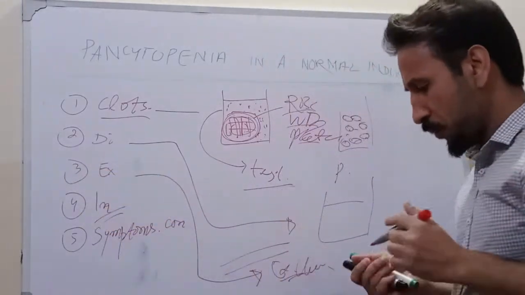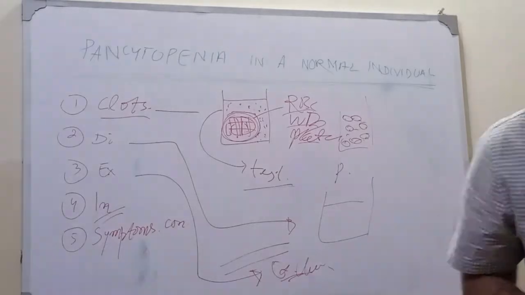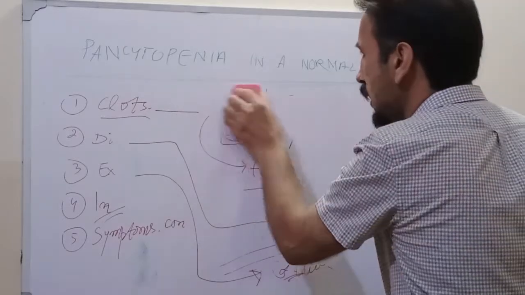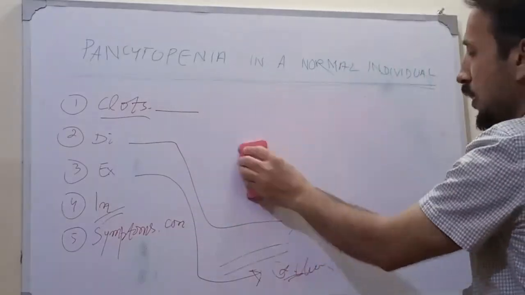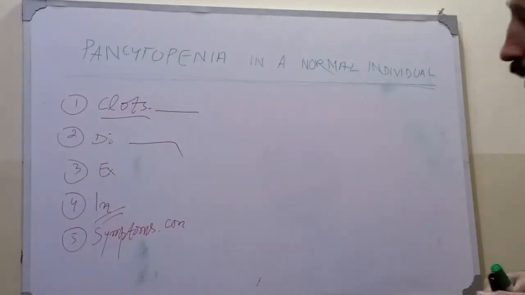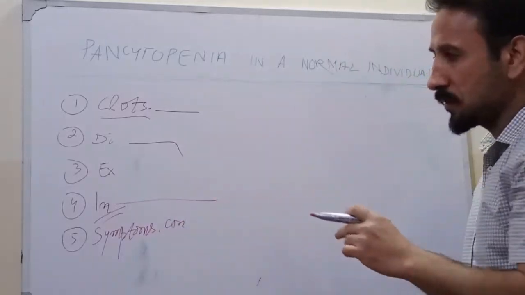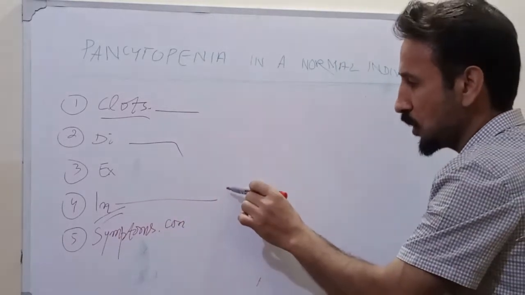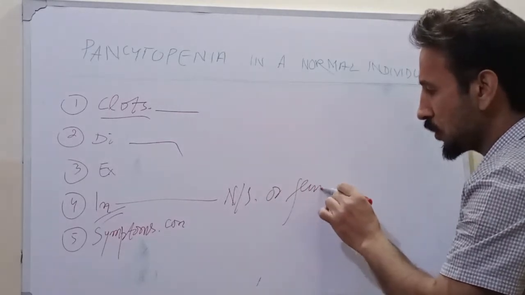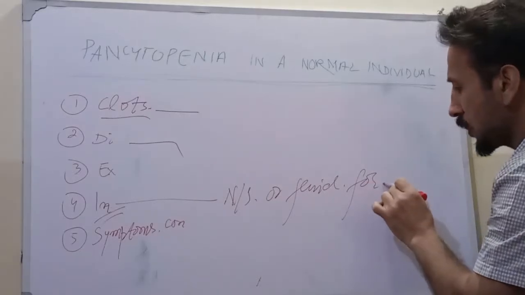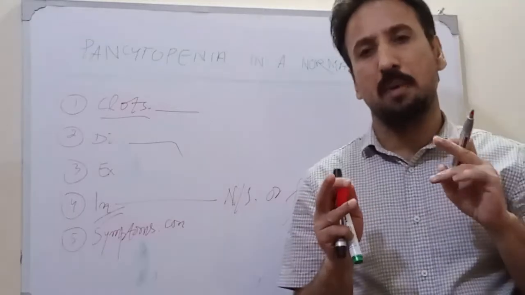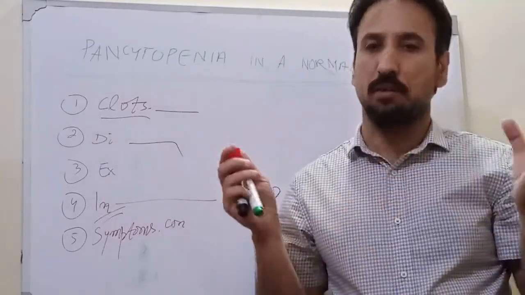There are two other important causes which are not common, they are very rare, but they can be kept in mind while dealing with pancytopenia in a patient who is asymptomatic. The fourth is that the sample has been infused with normal saline or some other fluid for dilution by the patient or by the attendant for other reasons.